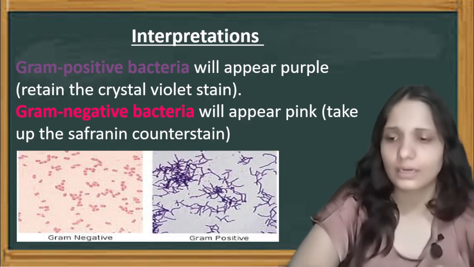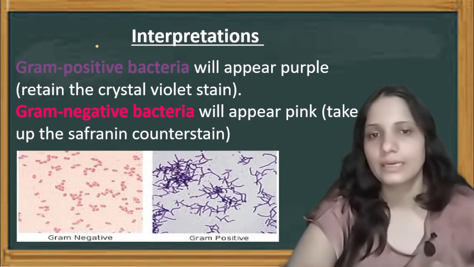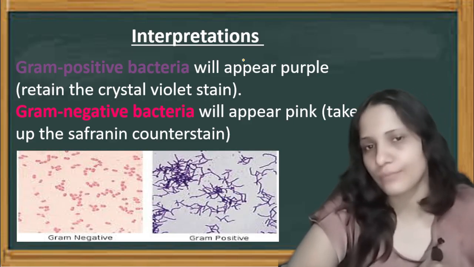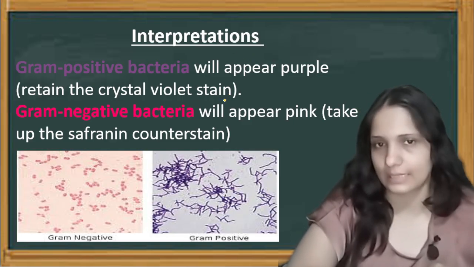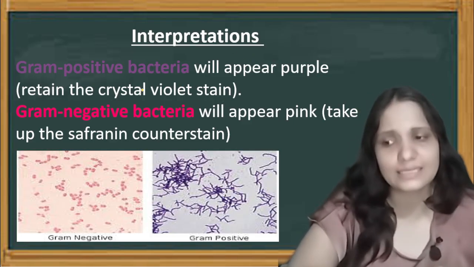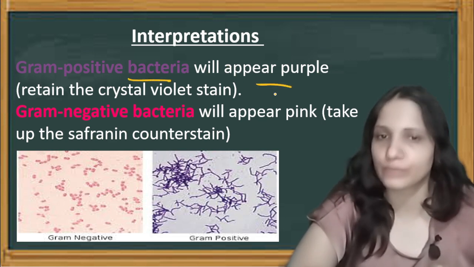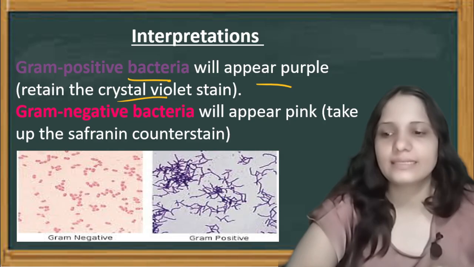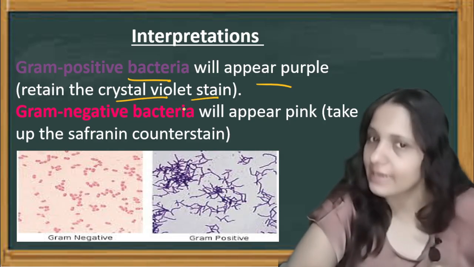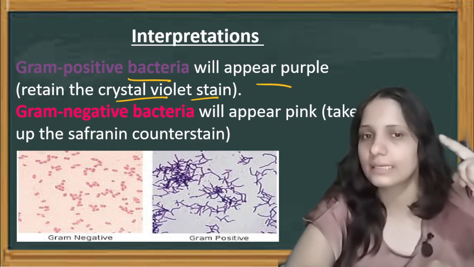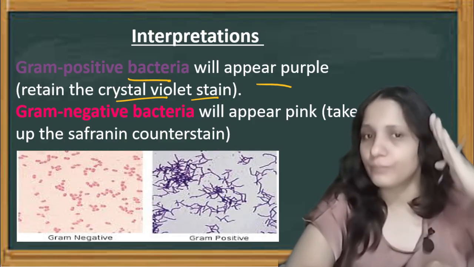Now when we interpret our slide with the help of the microscope, what we see is that gram positive bacteria will appear purple in color, and they retain the crystal violet stain, because the crystal violet stain is purple in color.